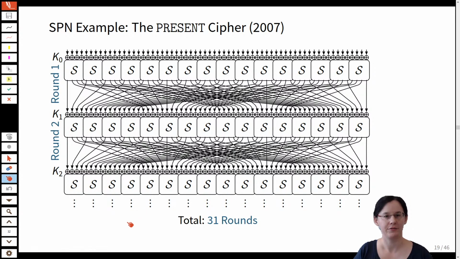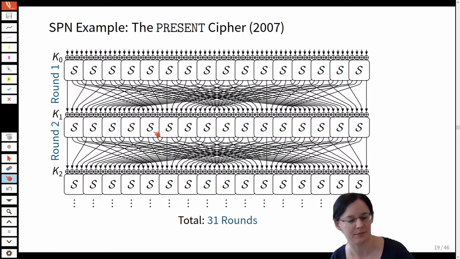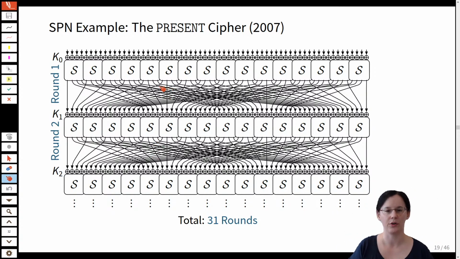So let's have a look at an example that follows very, very classically this SPN approach. And this is the so-called PRESENT cipher, which isn't actually that old, but the design principles it uses are very old. So this cipher was proposed in 2007.